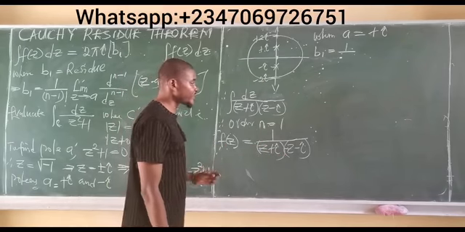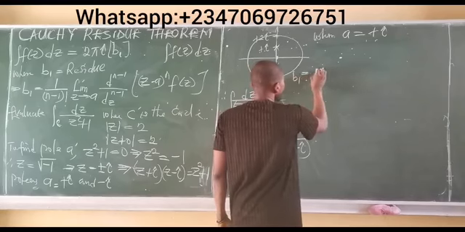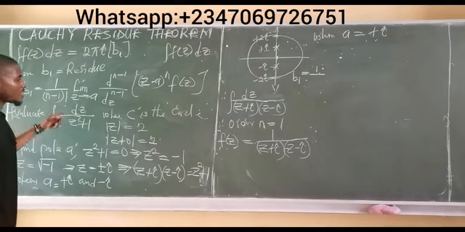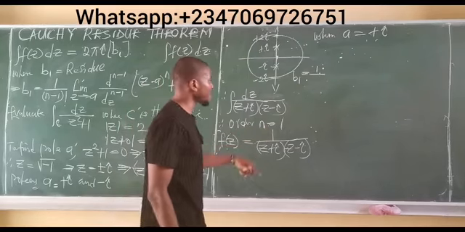Now let's find the residue for the first pole. So B1 is equal to 1 all over n minus 1 factorial. What is now n? n is equal to 1, the order.